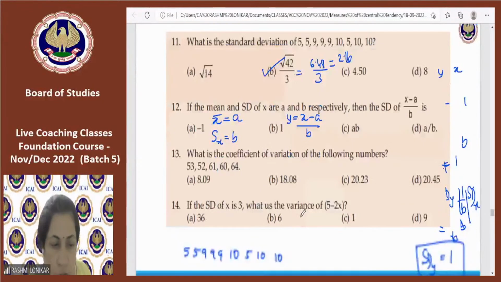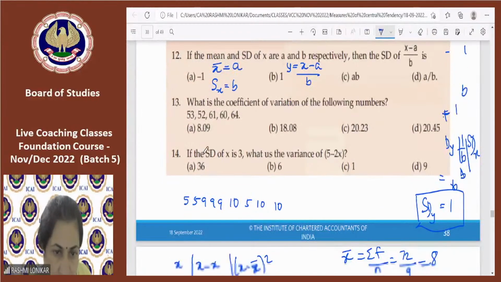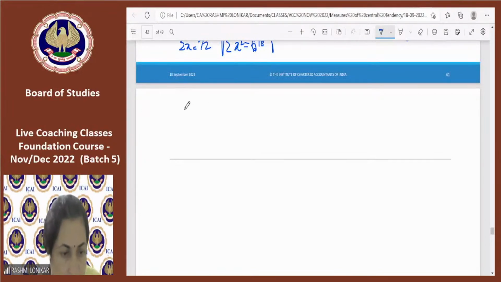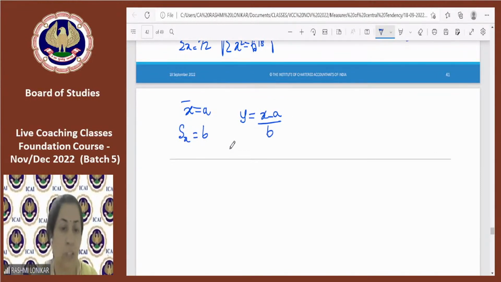Using this, x bar is equal to a, standard deviation of x is equal to b, and you are asked to find the standard deviation of (x minus a) upon b. We must express the equation in the form A plus Bx. Why am I using capital A and B? Because I don't want this and this to get confused.